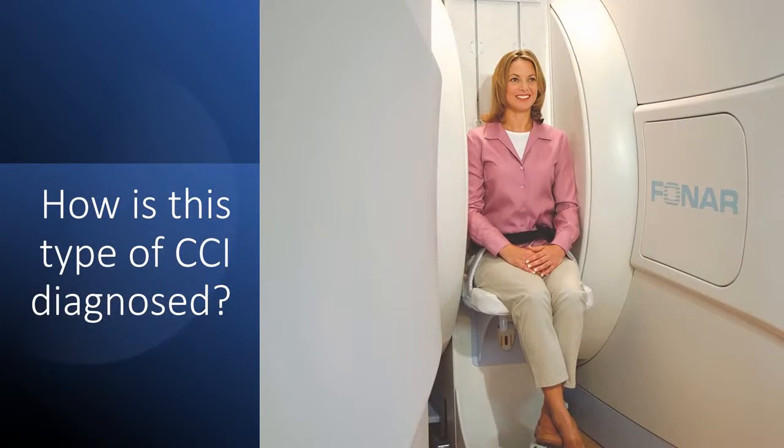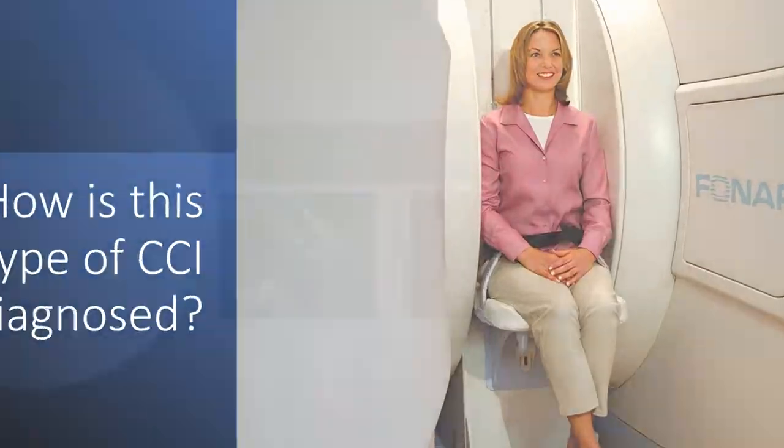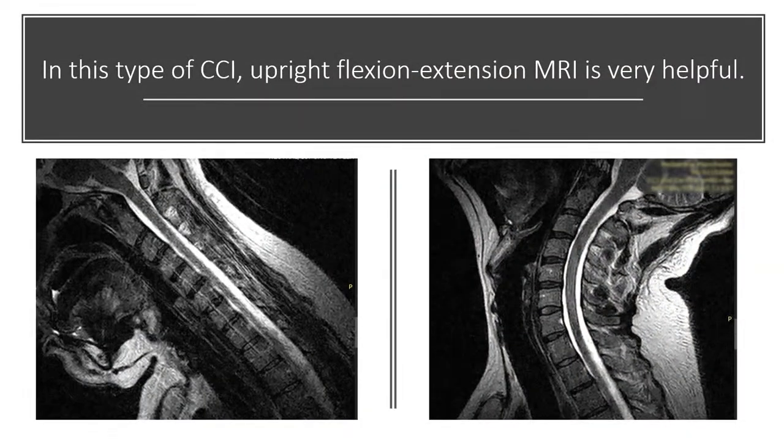Now, how is this type of CCI diagnosed? Well, upright MRI in flexion and extension can be very, very helpful. In this case, we can measure a clivoaxial angle here and here and look at whether that angle gets too big.